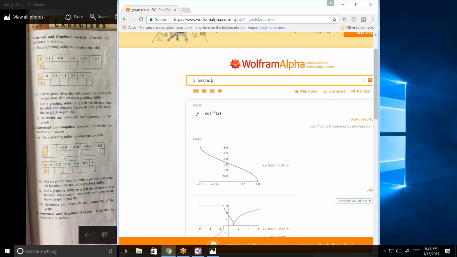All right. So we've got that. Now let's answer some of their questions. Determine intercepts and symmetry. Does this thing have any symmetry? No. The only kinds of symmetry you need to look for are symmetry about the x-axis, symmetry about the y-axis, or symmetry about the origin.